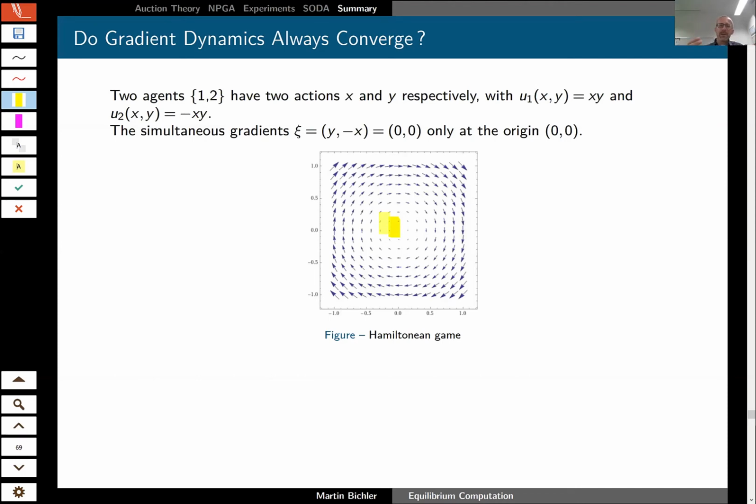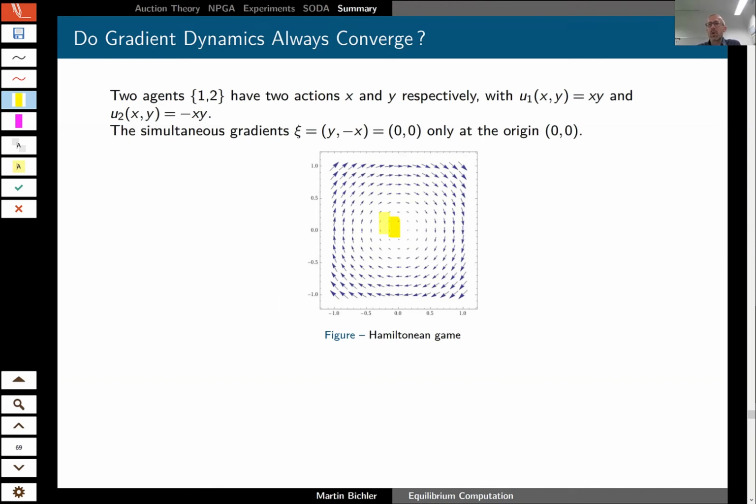There are ways to get around this, but with standard gradient ascent, you might even diverge. So these are cases where you cannot necessarily expect gradient dynamics to get to good results.